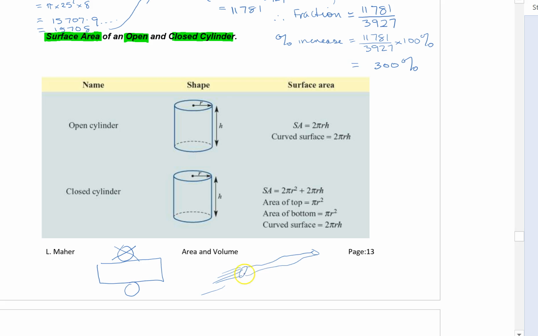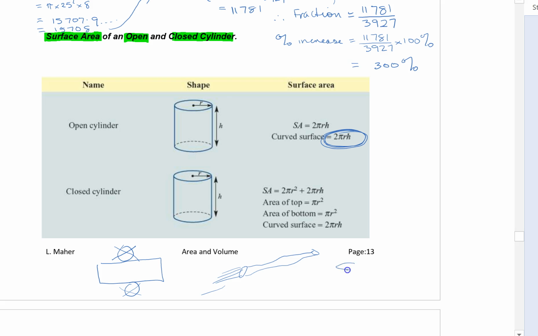It only consists of this curved surface. The water needs to be able to get in one end and out the other. So if we were talking about the surface area of a hose, we wouldn't be considering either of the circles, and we would only be required to use this 2 pi RH.